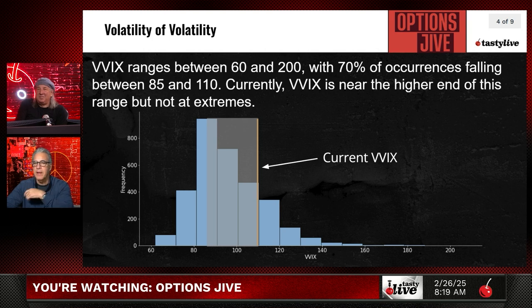I mean, this year it's gotten up to around 140-ish, and that was actually at the end of last year. This year it got up to around 120 something and down to around 90 something. So rarely do you see volatility in the 70s or 80s, and rarely do you see it much over 120. So that is correct. We're in that range, but a little on the high side right now.